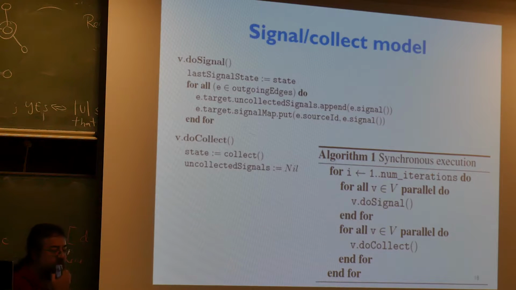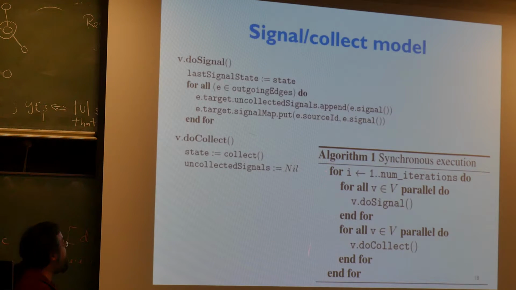So here's kind of what the implementation is. What does the signal operation do, and what does the collect operation do? There's a function that looks like this. This is really what the process is doing all the time in a simple case where it's doing bulk synchronous processing.